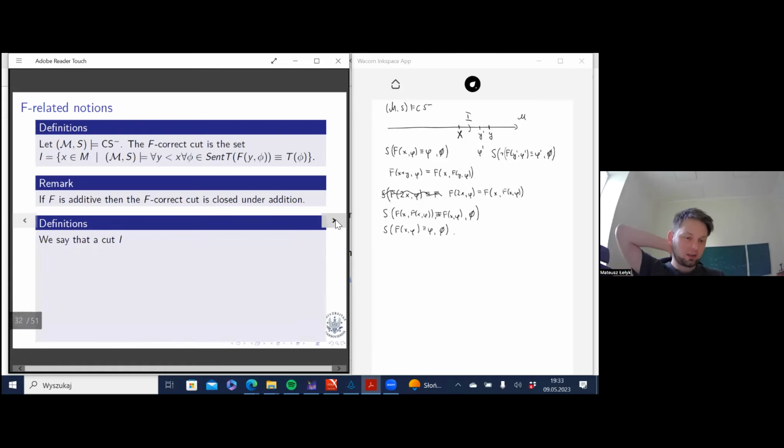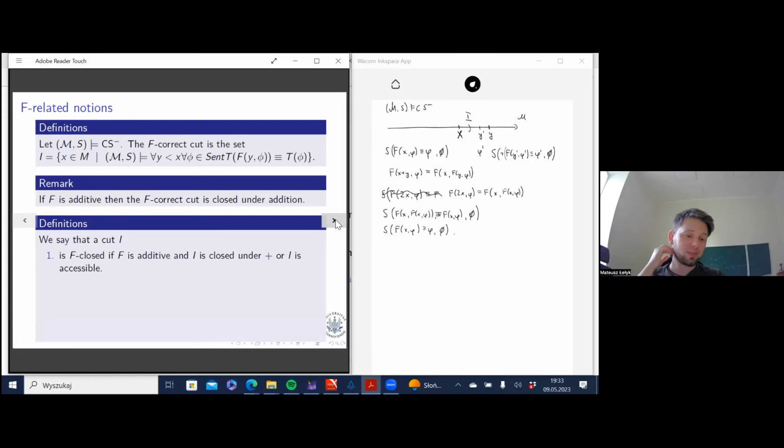Right, and now two structural properties of a cut. We say that the cut is F closed if either F is additive and then I is closed under addition, or F is accessible and I is just an arbitrary cut. So if F is accessible, then every cut is F closed.